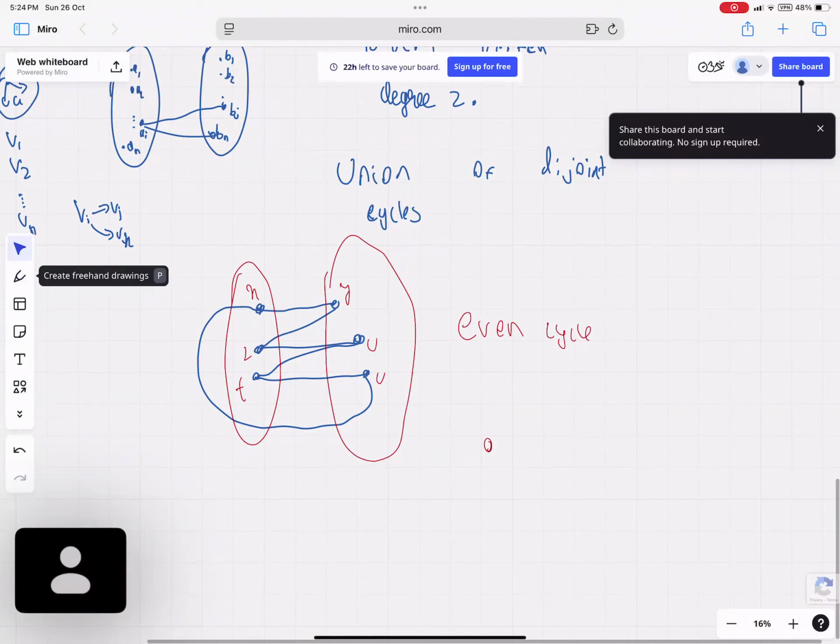Are you all convinced? Yes, yes. Okay, so I'll put some more nice problems in the P set. I'll also put some theorems in the P set that you all should prove.